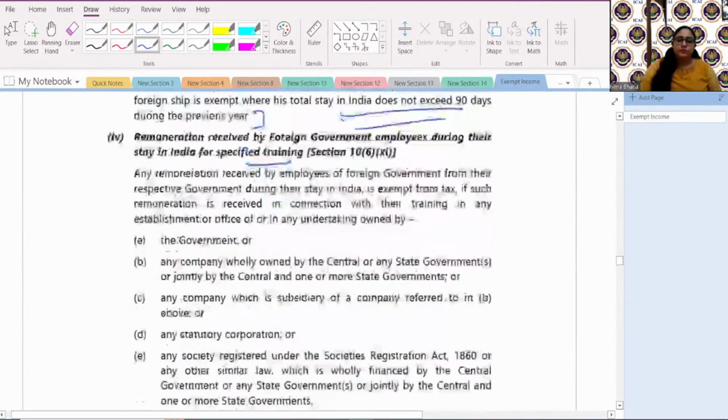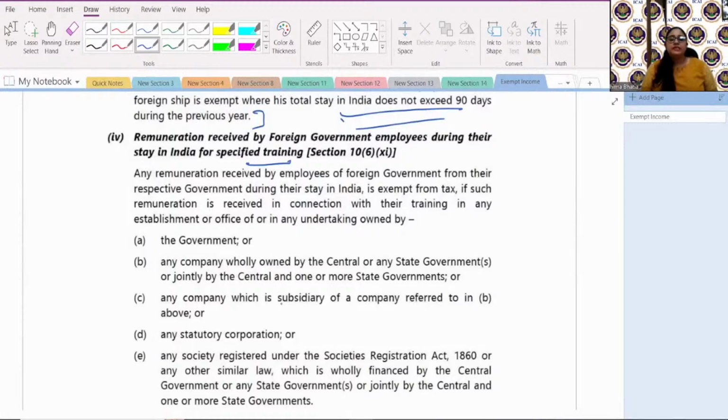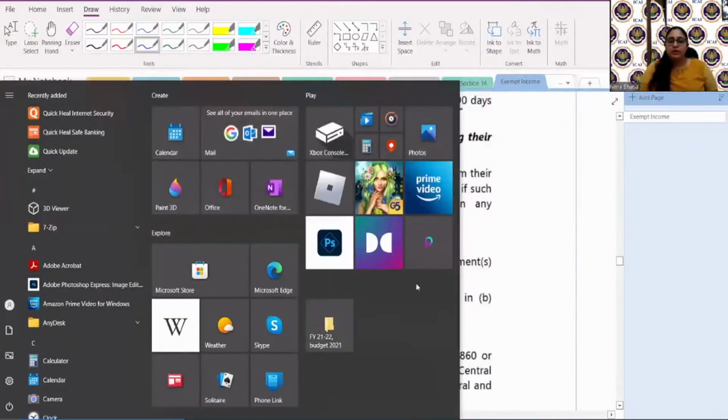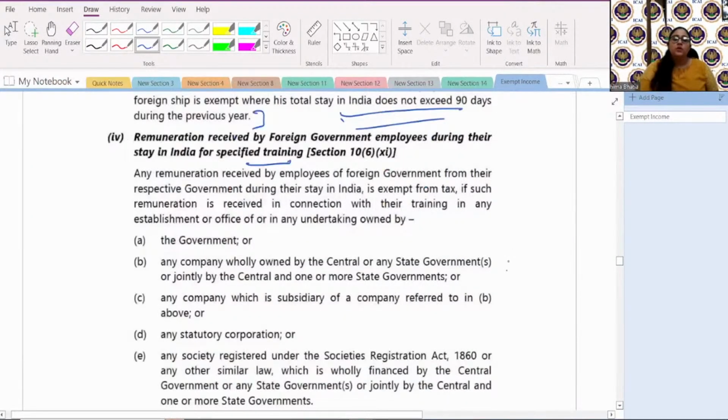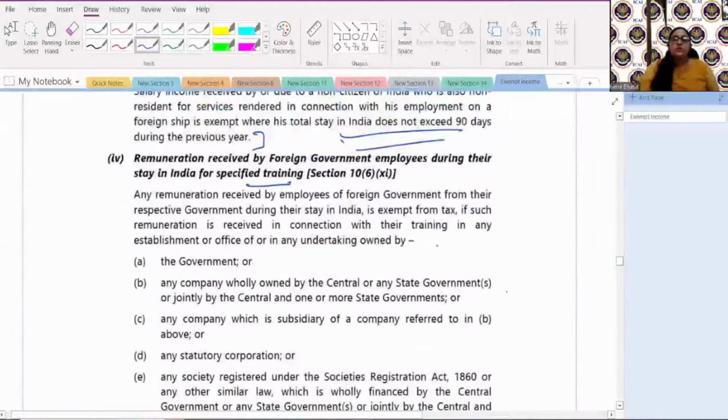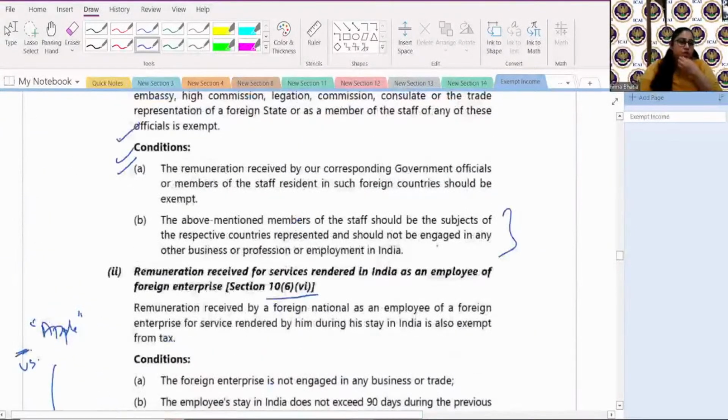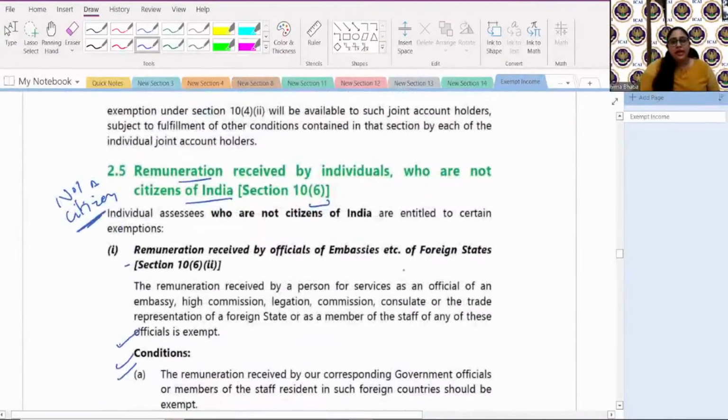If they are coming to India for that particular training period and getting any salaries, that would be exempt, provided the training is conducted by the government, the central government, or any other organization of government like statutory corporations or other societies. Okay. So these are the 4 types of remuneration which are not taxable in the hands of individuals who are not citizens of India. The conditions in relation to it have to be matched.